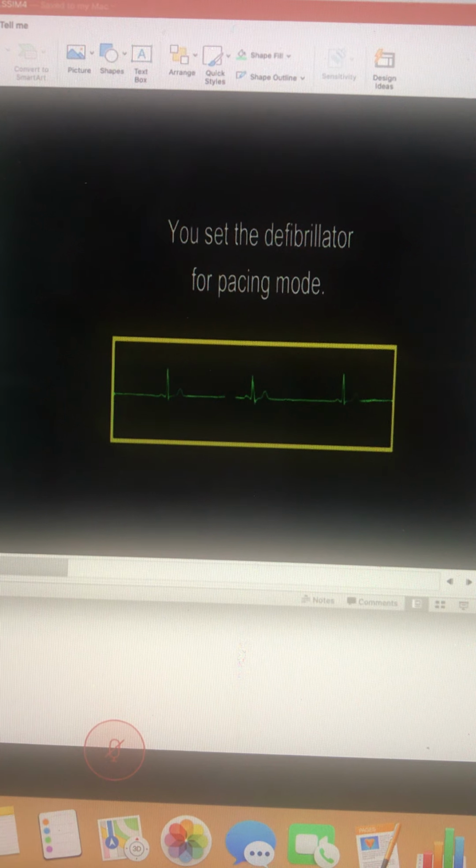So, Octavia, tell me how we set the monitor to pacing mode, or the defibrillator, sorry. You can say one step and we'll have the rest of your team help you. What's the first step? Sync? Okay, so change it to pacing mode, right? Yes. Anna, what else will we do?